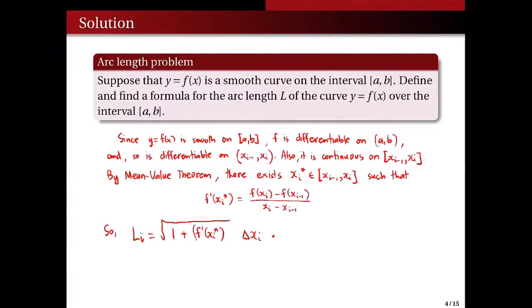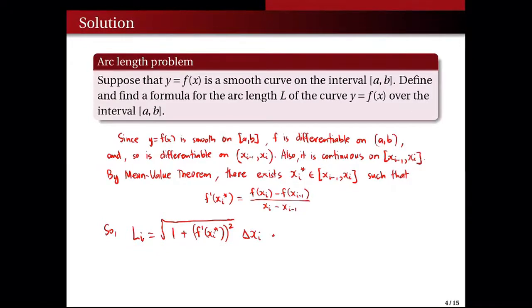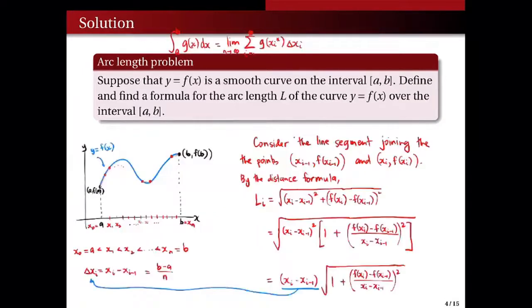This guy here, by the way, should be squared. So L sub i is equal to the square root of 1 plus f prime of x sub i star, squared. You take the square root of that, and then you multiply by delta x sub i. So we just replaced this guy by f prime of x sub i star.